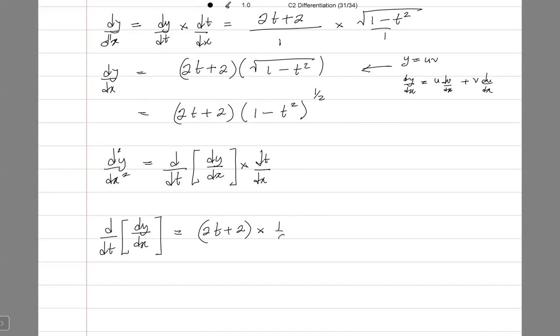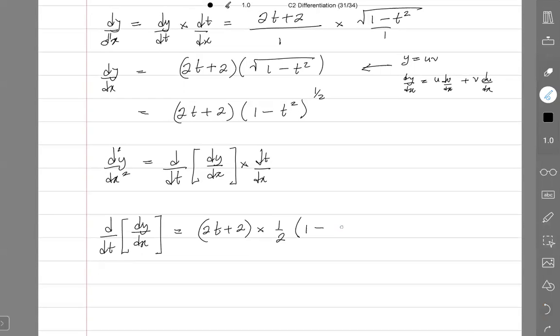The half comes to the front. 1 minus t squared, you're going to decrease the power by 1. If you take away 1 from a half, you get minus a half, multiplied by the differential of the inside function. The inside function is 1 minus t squared. When you differentiate that, you're going to get minus 2t.